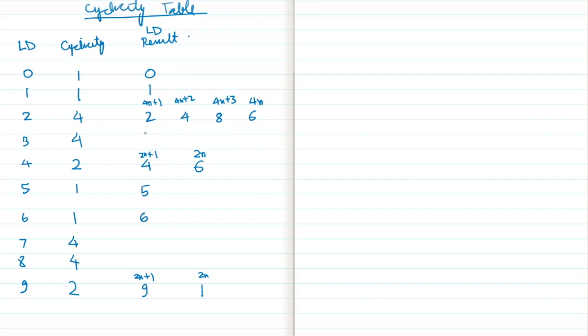Likewise for 3, you would have 3, 3 squared is 9, 3 cubed is 27, 3 to the 4th is 81. For 7, you would have 7, 7 squared is 49, 7 cubed is 343, 7 to the 4th is 2401. And for 8 you would have 8, 8 squared is 64, 8 cubed is 512, and 8 to the 4th is 4096 and then back again.